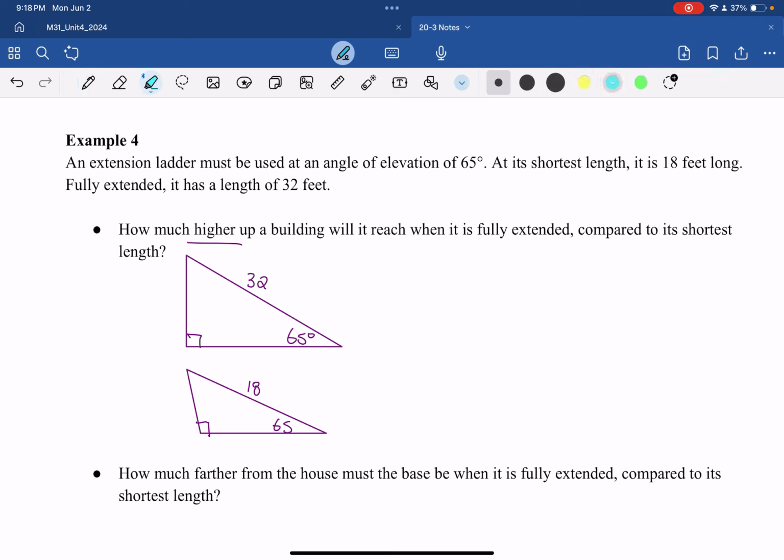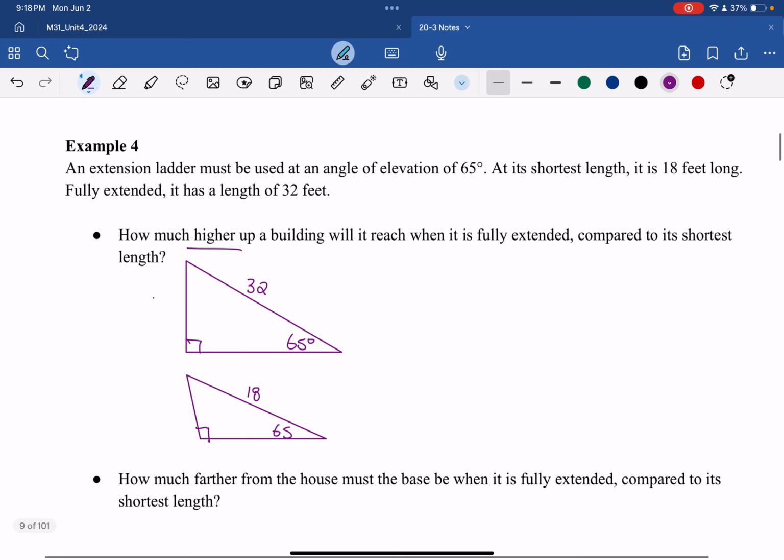So I know that I have a height here when it's extended there. And then I'll call this height 1 and height 2. I have height 2, which they're going to be different because they're different extensions. So what we're going to do is solve for both heights and then compare how much higher it is when it's fully extended.